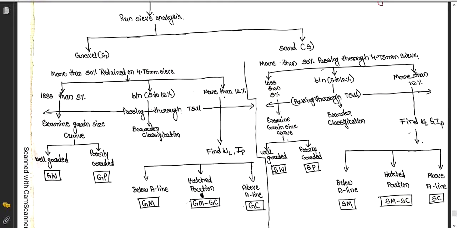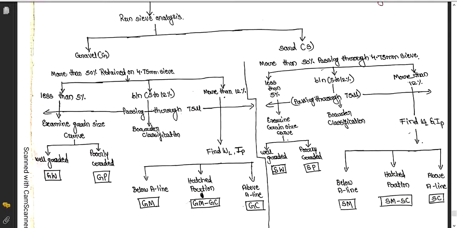But when more than 50% of the soil is passing through 4.75 mm sieve, directly in this case we are coming here. So we have studied this particular case. If more than 50% of the soil is passing through 4.75 mm sieve, we again have to see the percentage passing through 75 micron sieve.